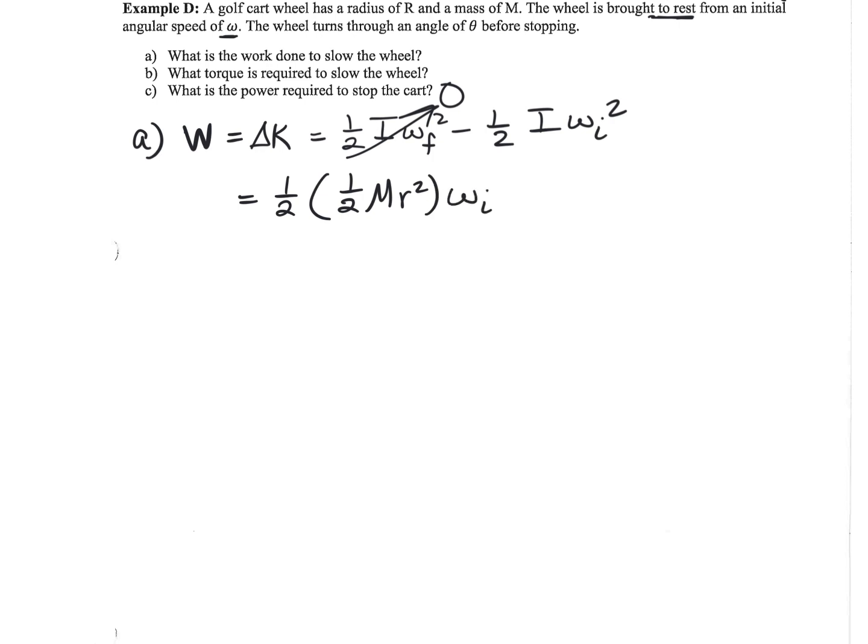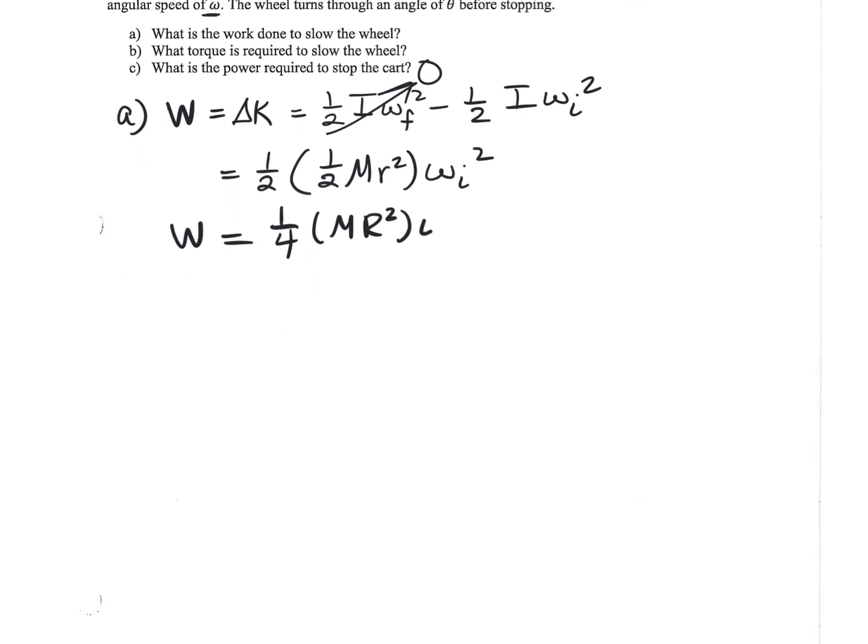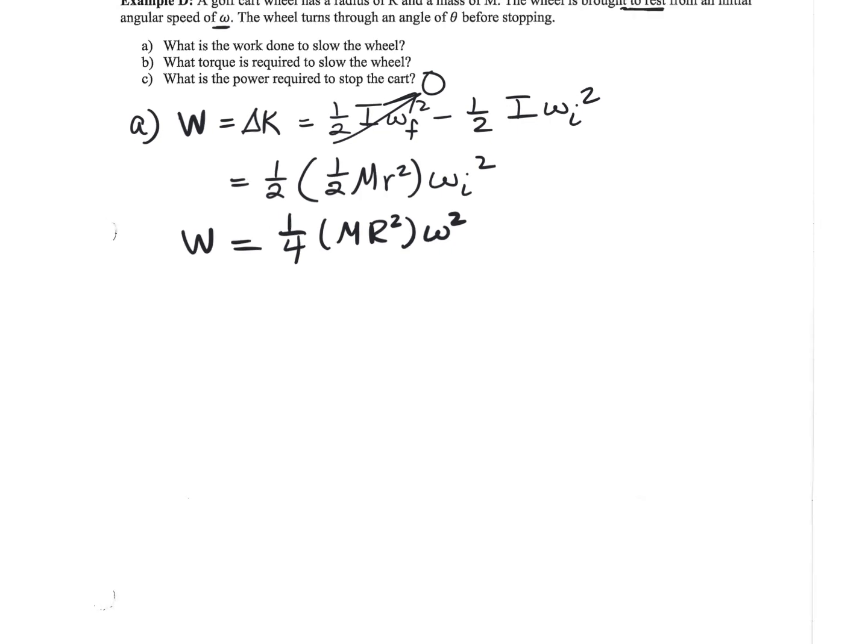So the work is equal to 1/4 m R squared omega squared. So there's my initial work done to slow the wheel.